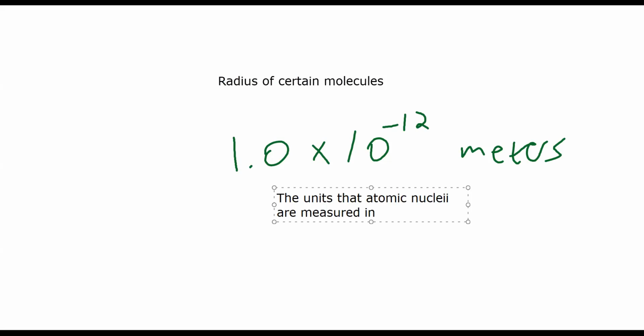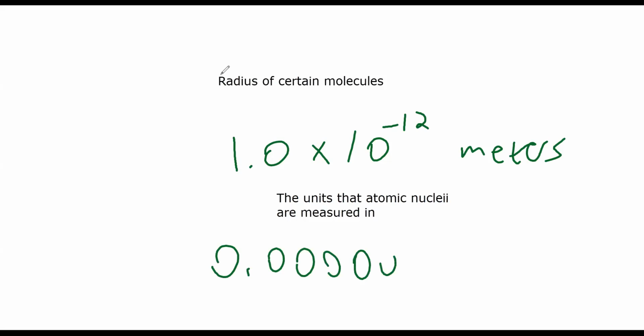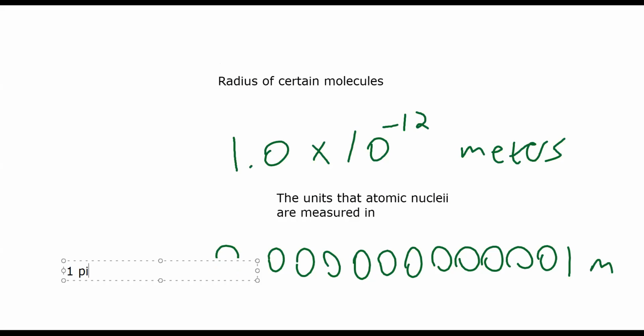They're called picometers, and each one of them is 1.0 times 10 to the negative 12. So if you want to talk about really tiny numbers, that would be what they call a picometer. 1 picometer is equal to that many meters.